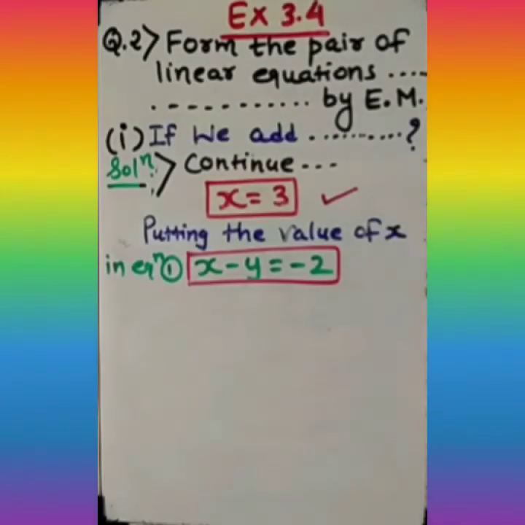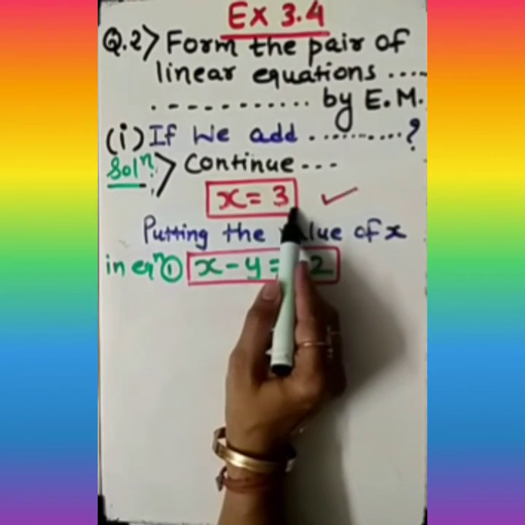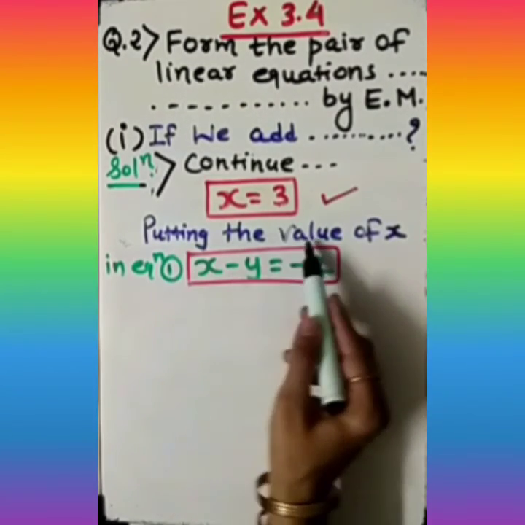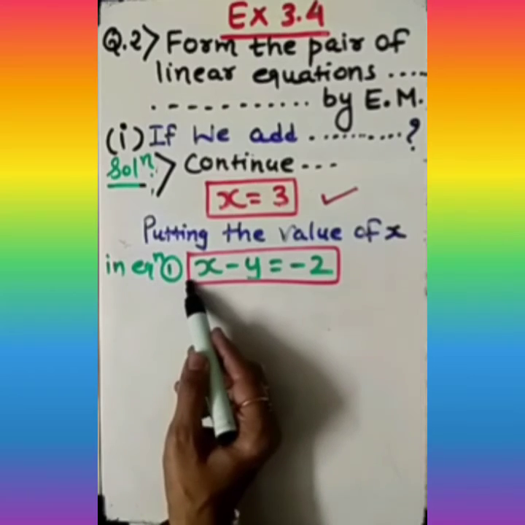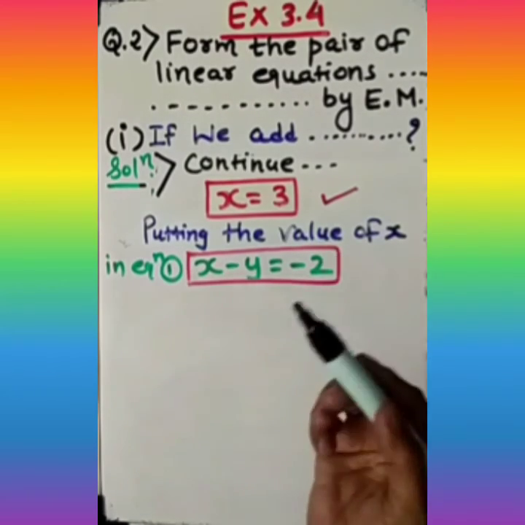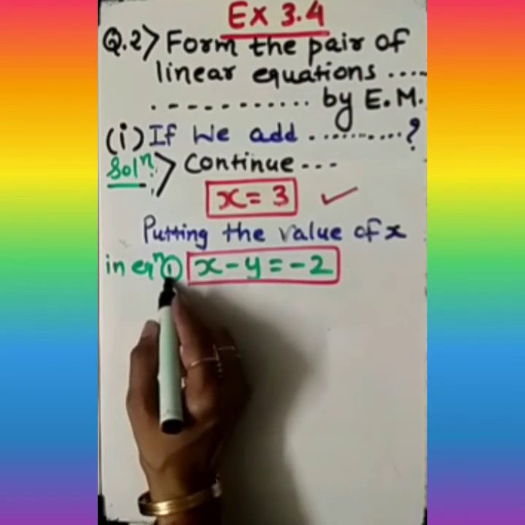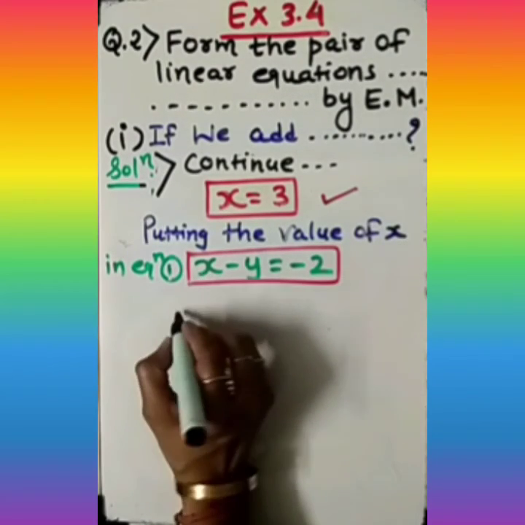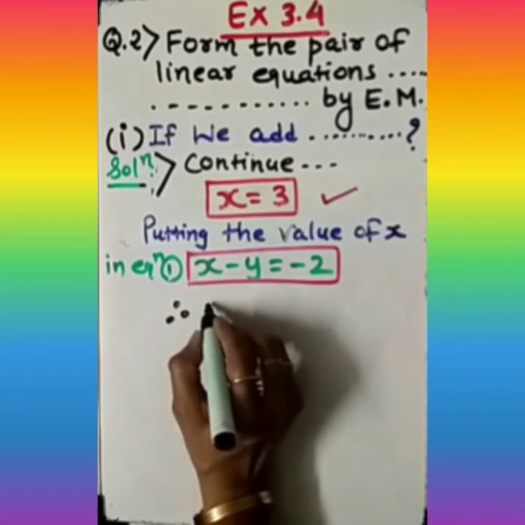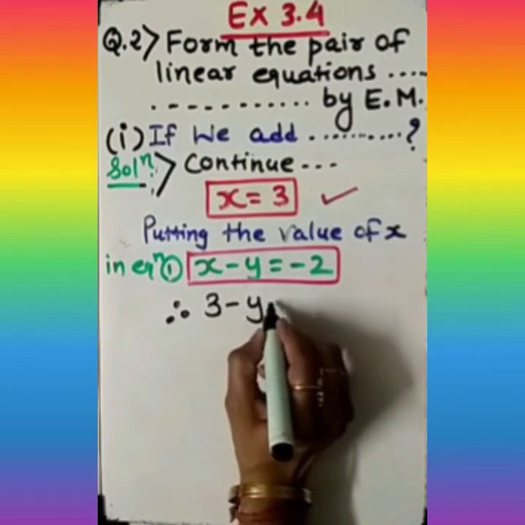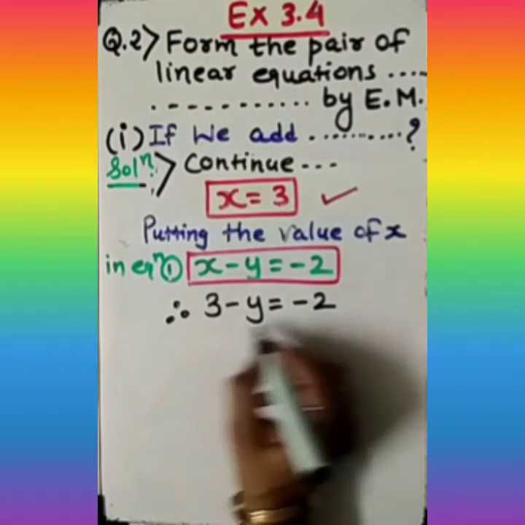Continuing the same question. As we got the value of x equal to 3, now putting the value of x in equation 1. We know equation 1 is this. Any one of the equations we can put the value in. Suppose I am choosing equation 1 and I am putting the value of x here. The value of x is 3 here. 3 minus y equal to minus 2.